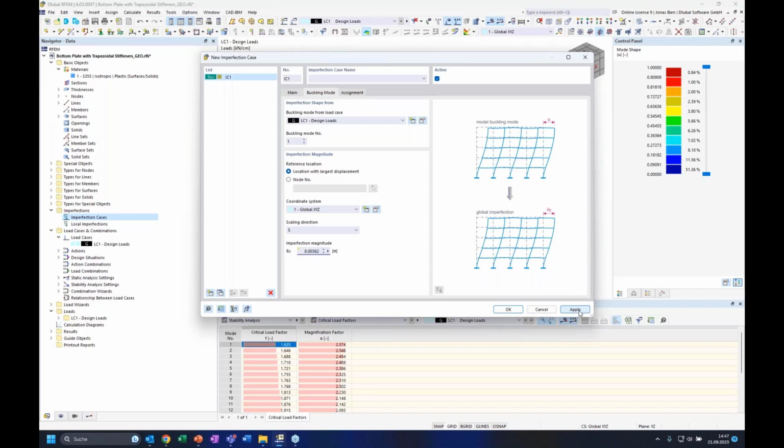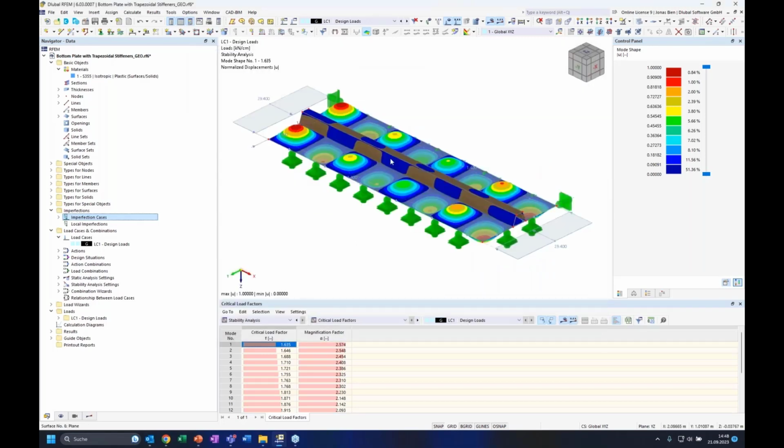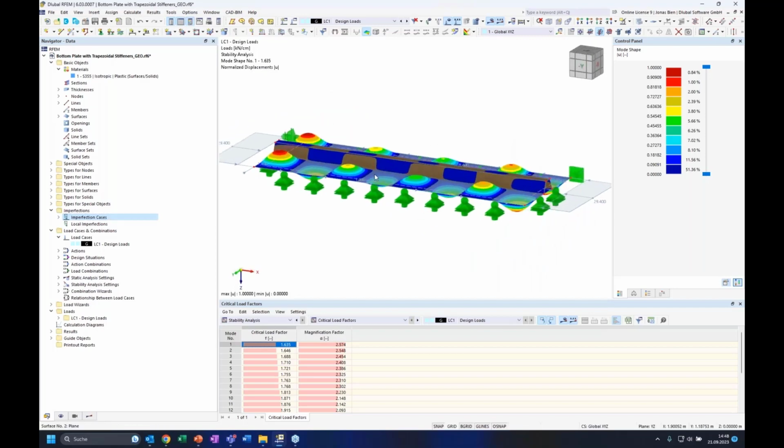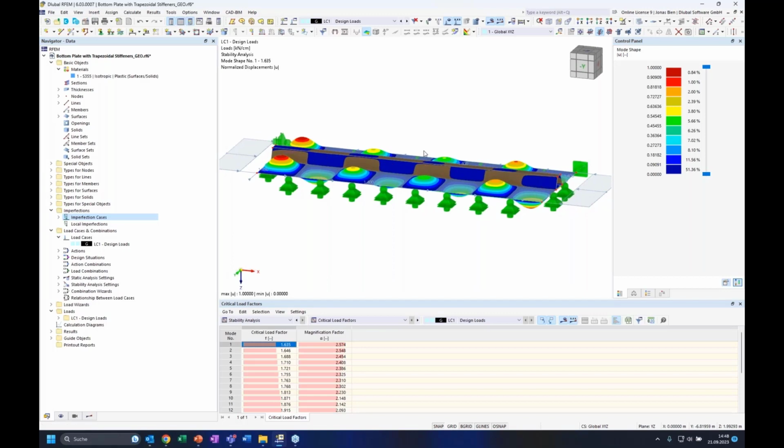And then click apply. Then the question is, should it be directed upwards or downwards, or should the scaling direction be in positive or negative direction? That depends pretty much on the mode shape itself. If we study this first mode shape that we just used for the eigenshape affine imperfection, we see that the mode shape is asymmetric about the center line in X direction of our panel.